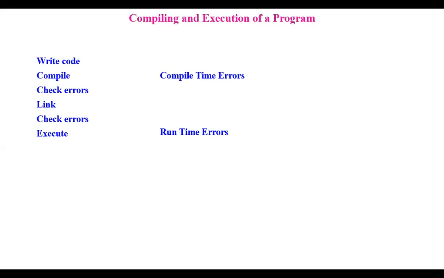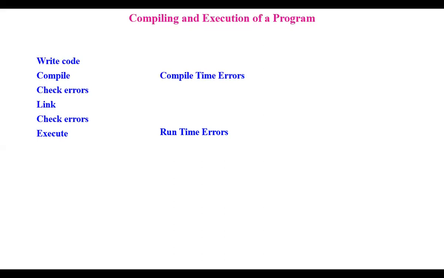Runtime errors are different compared to compile time errors. In compile time errors, it checks simple syntax, whether you have written properly and followed the format or not. But at runtime, suppose I try to add 3 plus the letter L. Take two variables, A and B, where A is a number and B is a letter or some other character.